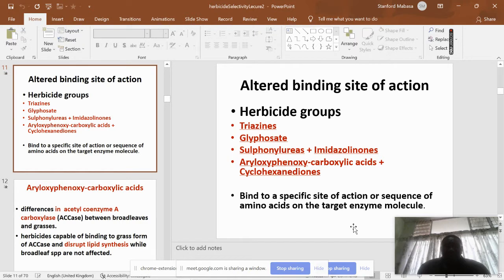These are the herbicide groups where we can actually attribute selectivity due to binding of these enzymes within the plants. So these herbicides bind to a specific site of action or a sequence of amino acids on the target enzyme molecule.